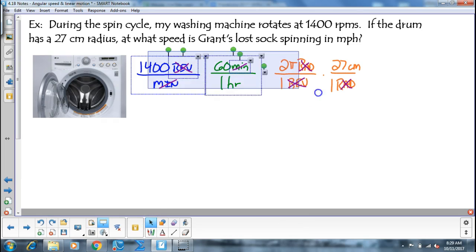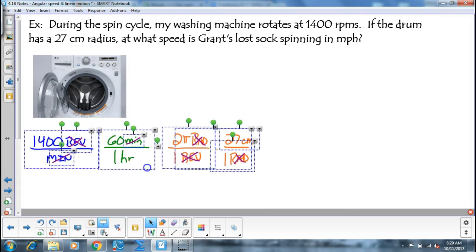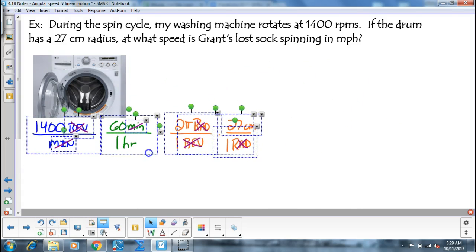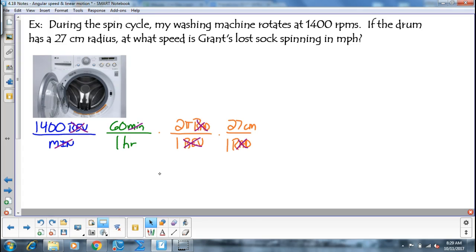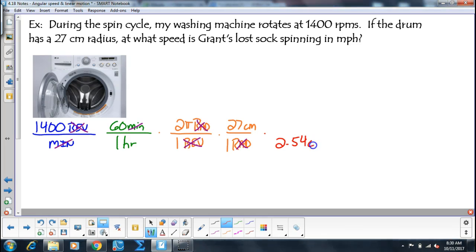Hold on, I'm going to move this all down here. So now we've got to go the centimeter part. There's 2.54 centimeters in 1 inch. So now I'm in inches per hour.